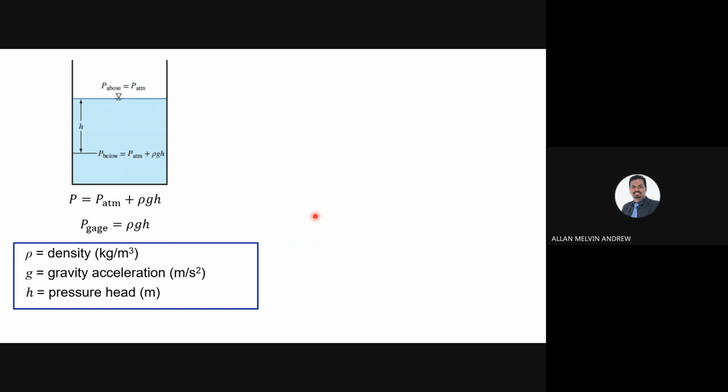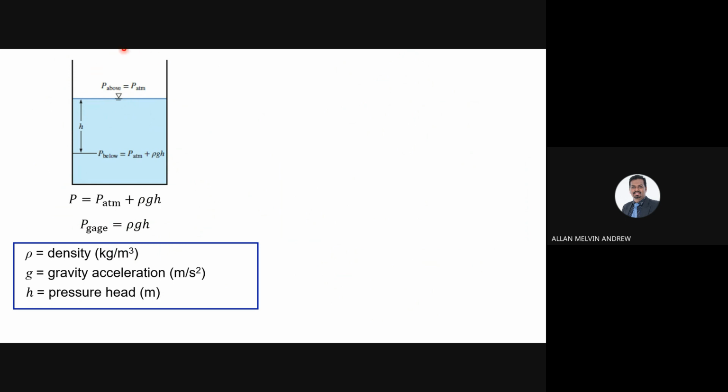Okay, so how can we calculate? This is the surface. Let's say you have a container you fill with water. There will be a surface, and usually the surface is the top part of the water. The top part will be connected to the atmospheric pressure, the local atmospheric pressure.